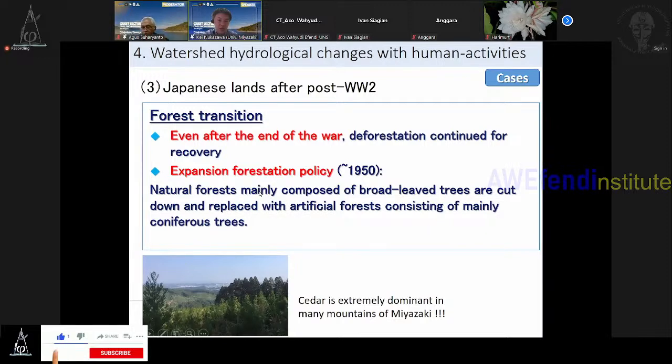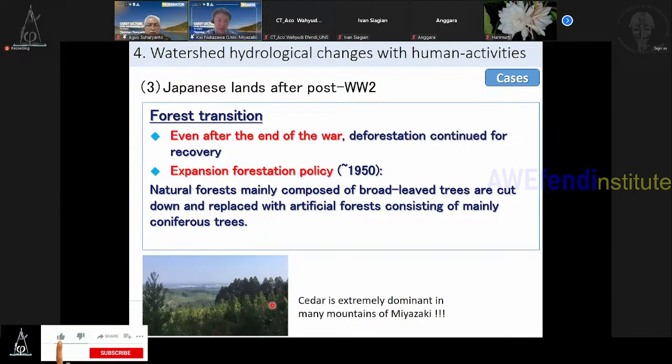Natural forest was mainly composed of broad-leaved trees, but the government cut down these natural forests and replaced them with artificial forests because they are very productive and useful for wood materials. So even now, many forests are artificial in Japan.